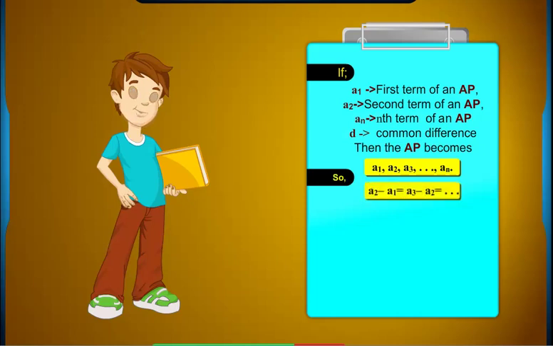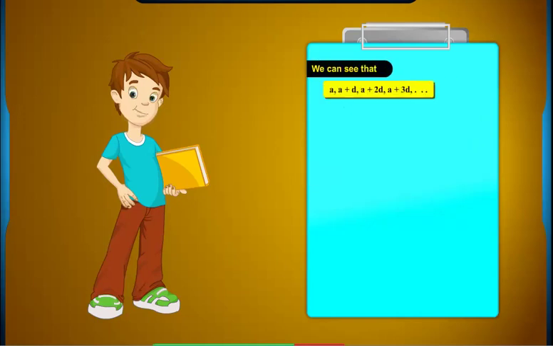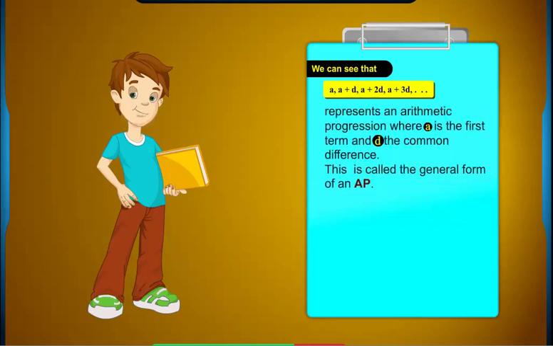So A2 minus A1 is equal to A3 minus A2, and so on, up to An minus A(n-1), all equal to D. We can see that A, A plus D, A plus 2D, A plus 3D represents an arithmetic progression where A is the first term and D the common difference. This is called the general form of an AP.